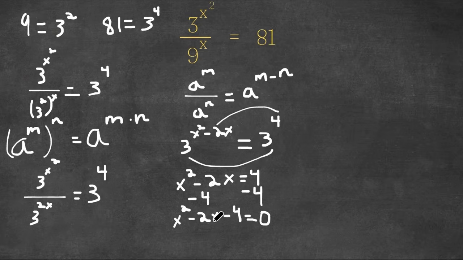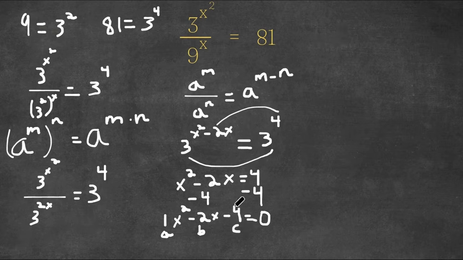And what we're going to do is, well, let's use the quadratic formula, which is negative b plus or minus the square root of b squared minus 4ac over 2a. So a is 1, b is negative 2, and c is negative 4.